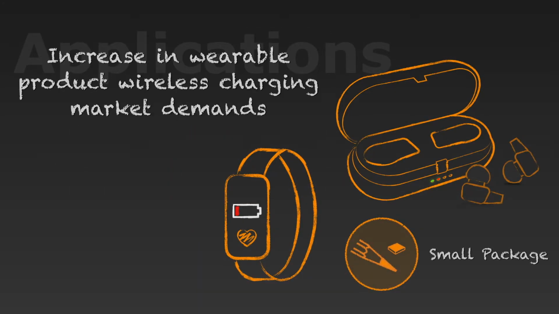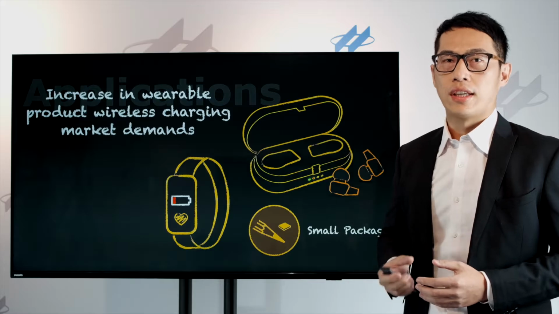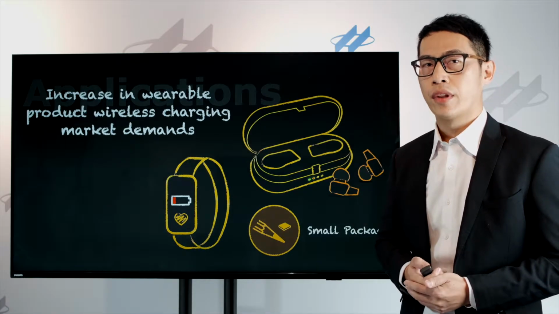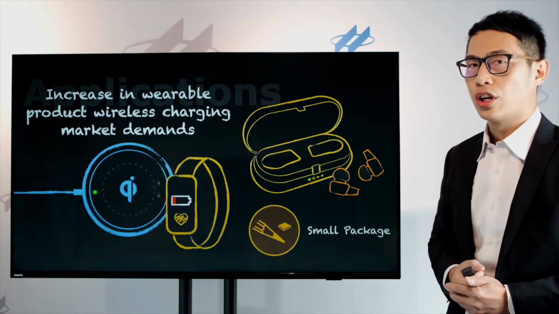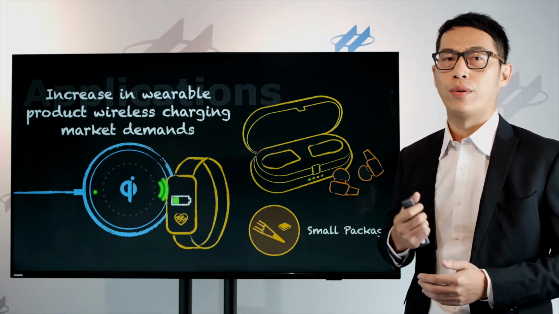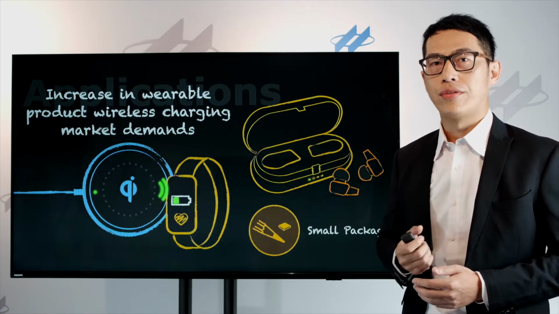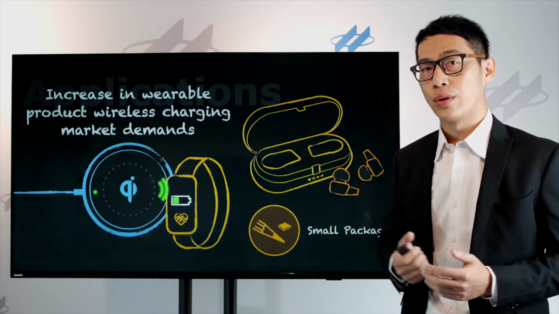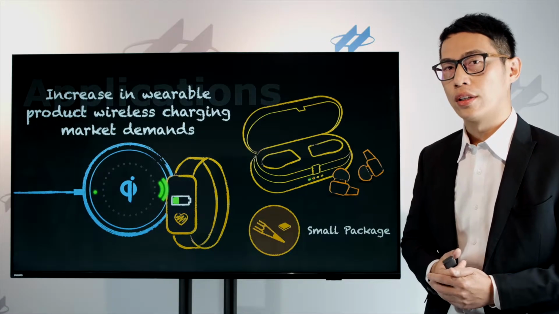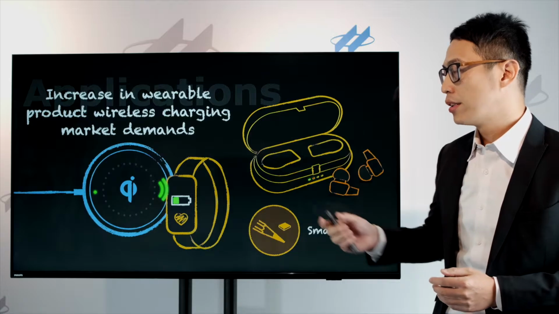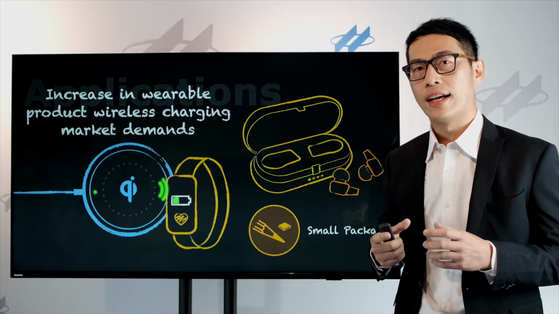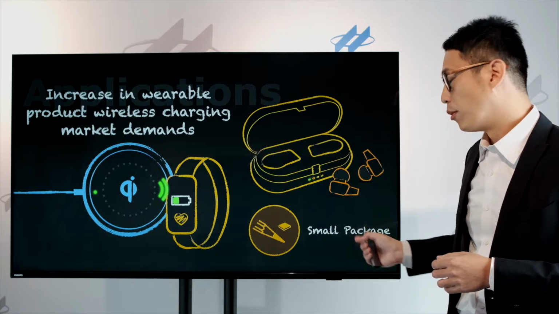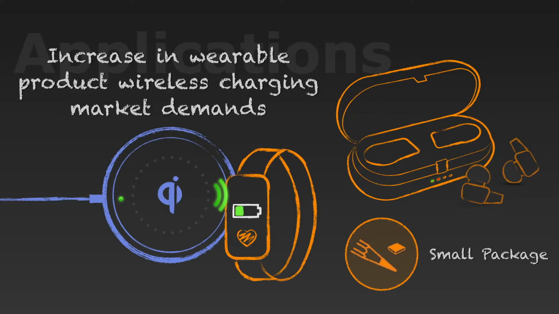Wearable device shipments were around 330 kpcs in 2019. The YoY is 89% compared to 2018, and the wireless charging quantity is expected to reach 750 kpcs in 2020. It's a big market, and because wireless charging needs small size, that's why we provide a small package, 46 QFN, for you to use.